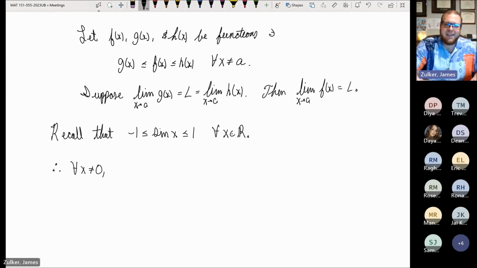So for all x not equal to 0, we can say that sine of 1 over x is between -1 and +1, because 1 over x is a real number as long as x is not equal to 0.